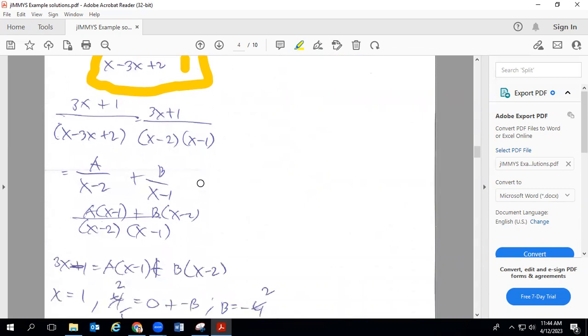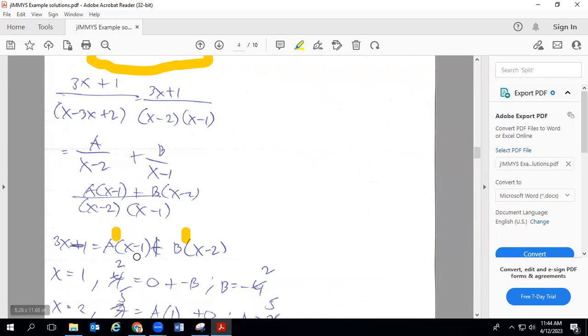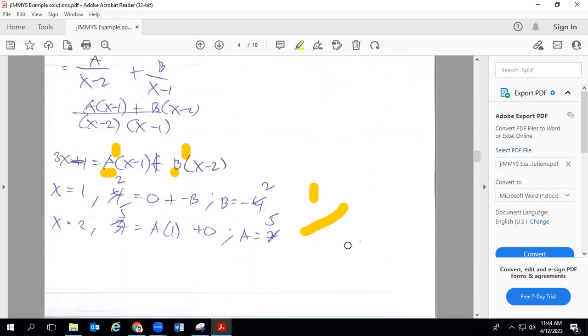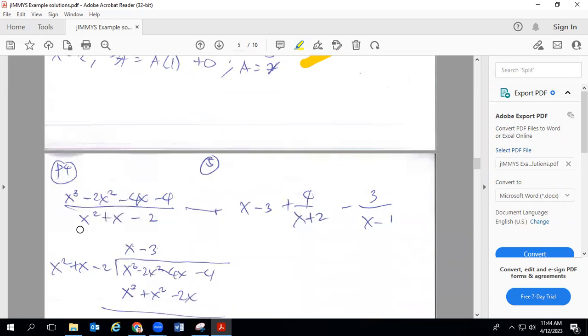The same solution that we had in the first example, you can compute for A, and you can compute also for B by assigning values. Here, you assign x is positive 1, you can compute B. You assign x is equal to 2, you can compute A. So we have these values. Okay, how about this one?